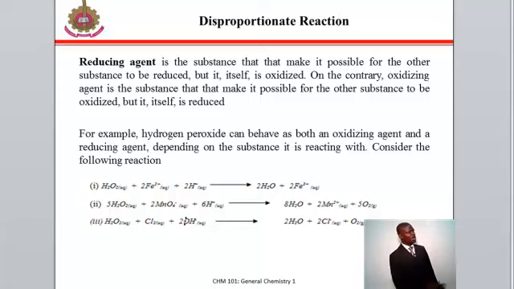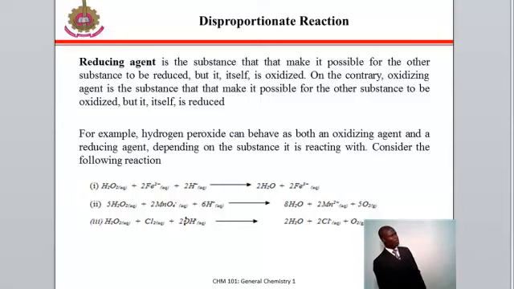Like I said earlier, when there is an increase, that is oxidation. And the substance that is undergoing oxidation, substance oxidized, is called a reducing agent. If iron that is oxidized is called a reducing agent, the peroxide that is reacting with it is now called an oxidizing agent. So H2O2 in the first example is behaving as an oxidizing agent.